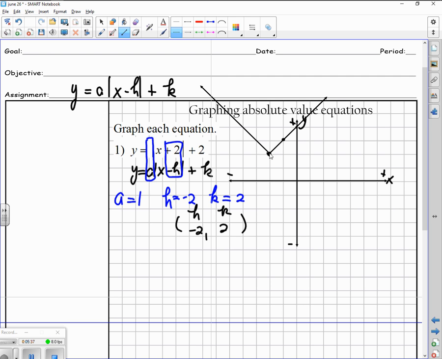So the h and the k are this point right here, and then after that you go 1, 1. Remember, because a is positive, it's going to open upward, from the vertex at negative 2, 2.